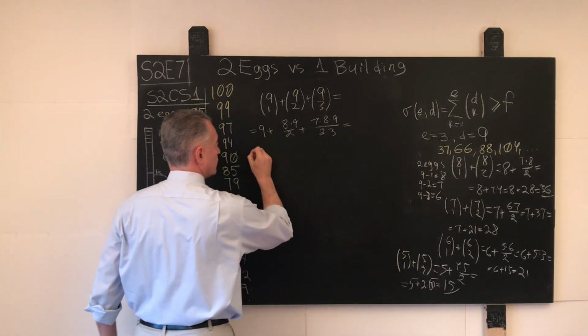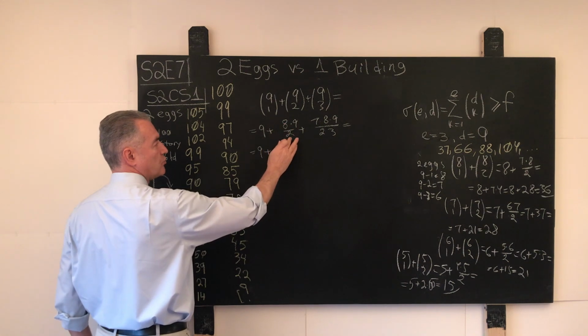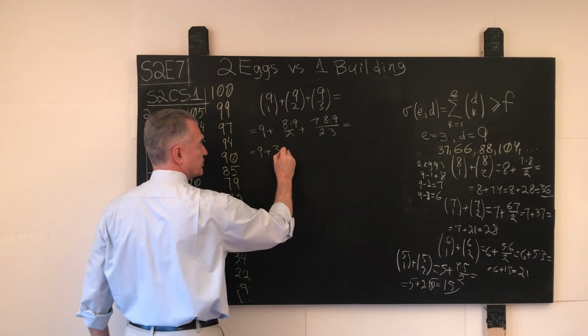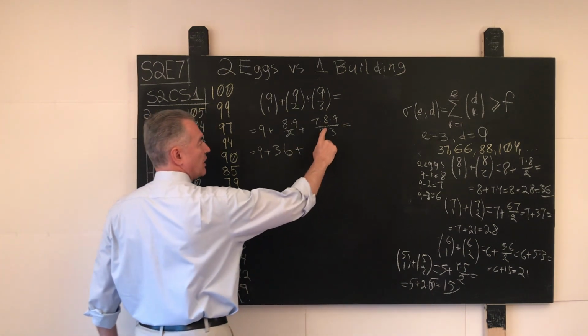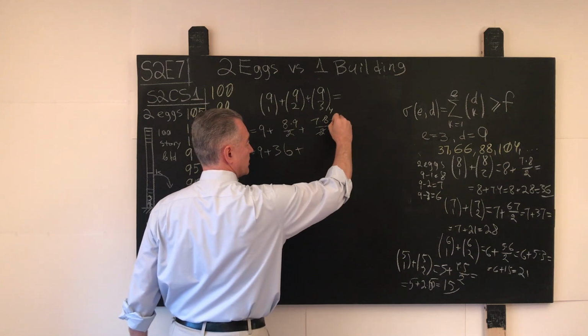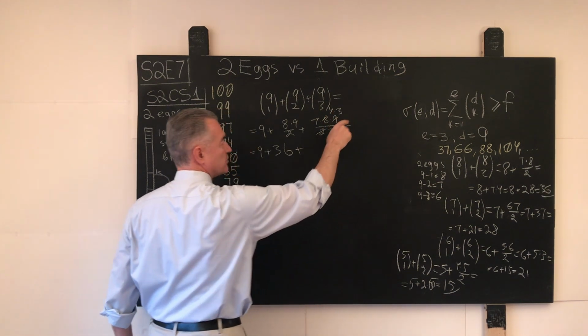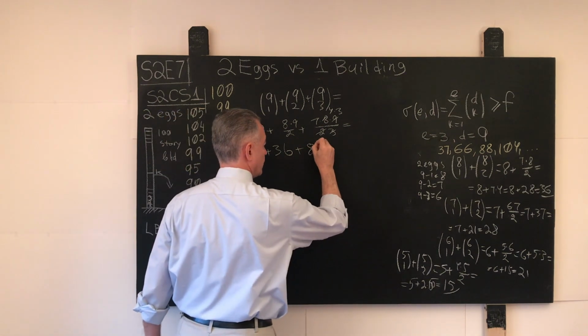Wonderful. So here we get 9 plus 8 over 2 is 4. 4 times 9 is 36. That's 36. Plus 8 over 2 comes out to 4. 3, 9, 3 comes out to 3. 3 times 4 is 12. 12 times 7 is 84, plus 84.